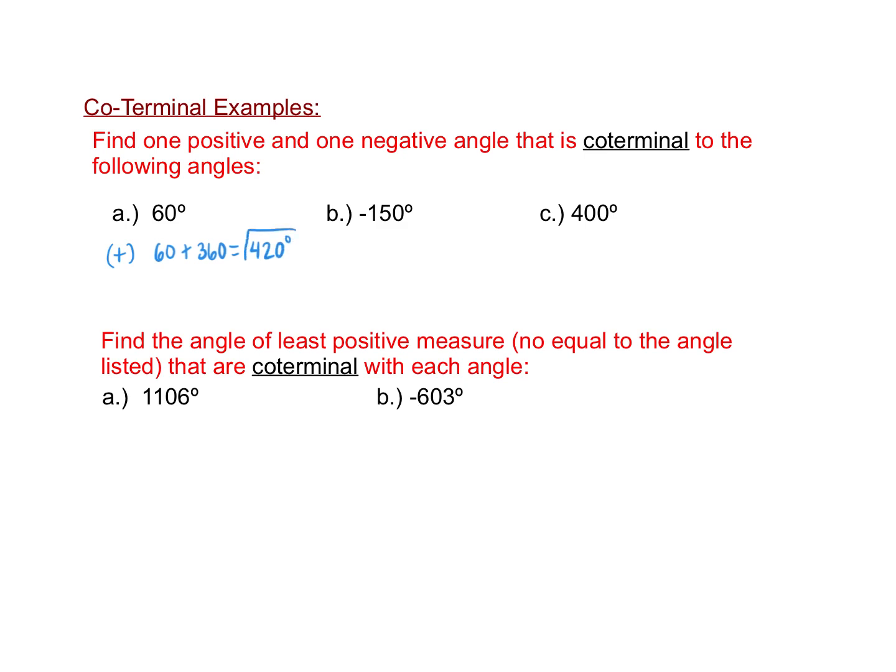So 420 would be coterminal to 60 degrees. If we wanted a negative angle, then we could take that 60 degrees and subtract 360 degrees, and that would be a negative 300 degrees. So that also would be coterminal. In other words, 60 degrees, 420 degrees, and negative 300 degrees would all terminate on the same terminal side. So those would be considered coterminal angles.